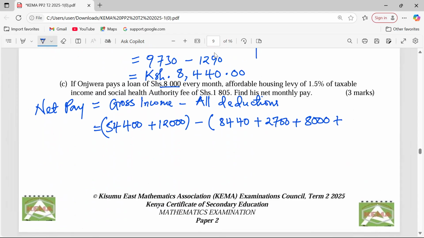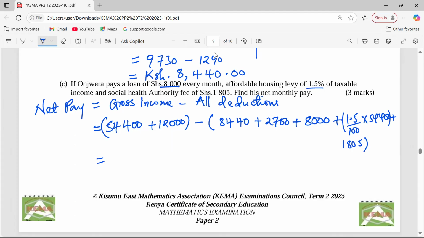Else paid, 1.5% of taxable income. So 1.5% of 54,400. That one goes to housing, the housing levy, plus SHA, which is 1805 per month.